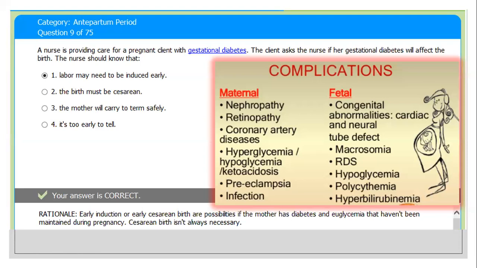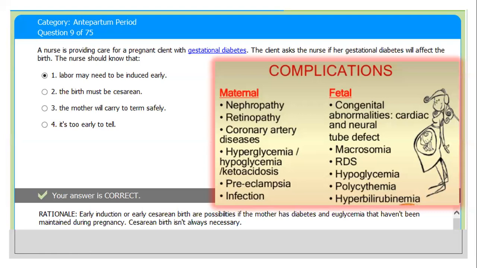So if you ask me what are the causes of developing gestational diabetes, obesity is one of the causes, or family history of diabetes, pregnancy over 30 years of age, or disturbance in some function of insulin.